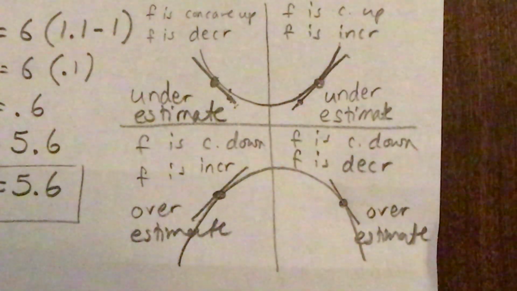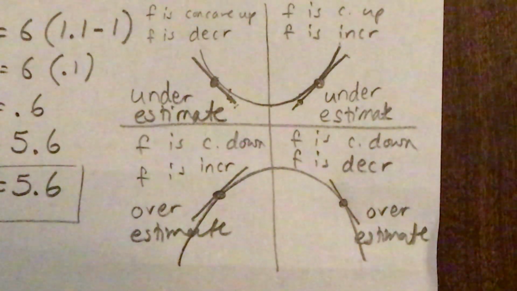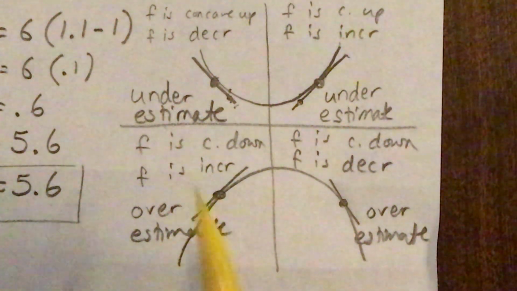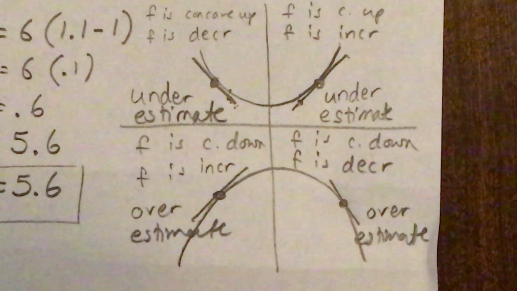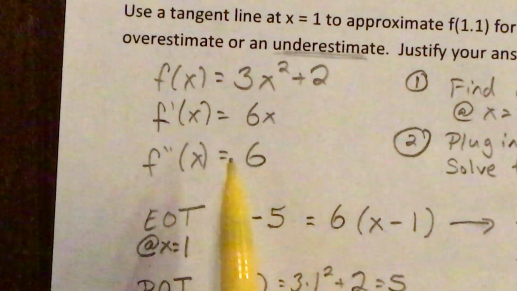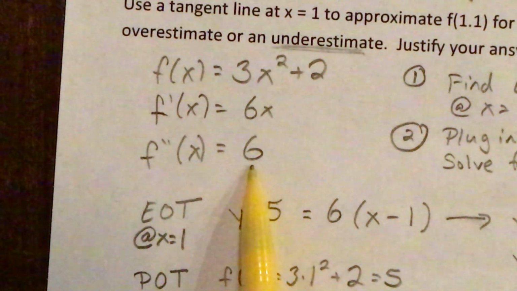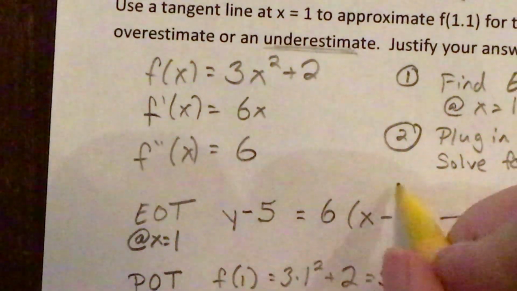So we are told that our graph is concave up. How do we know that our graph is concave up? Graphs are concave up when the second derivative is positive. We found our second derivative way back here. So since the second derivative is positive, our graph is concave up.